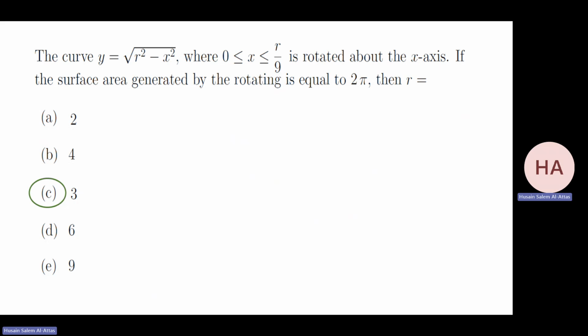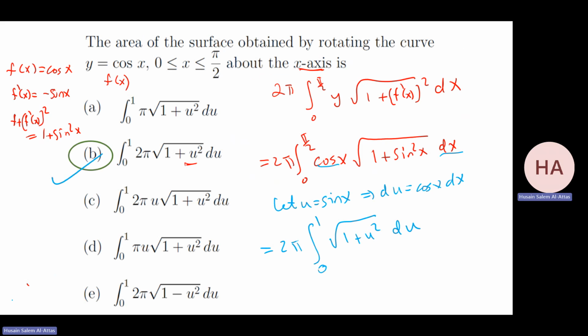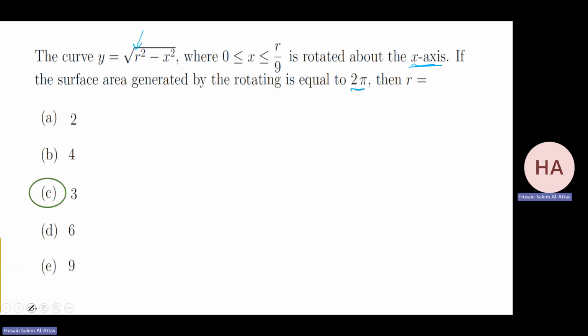It's about the x-axis. He said this is 2 pi, and he put r somewhere here. Let me see what will happen. Hopefully it will be an easy calculation. So S, which is 2 pi, will be equal to 2 pi integral from 0 to r over 9, about the x-axis, y square root 1 plus f prime of x squared dx.